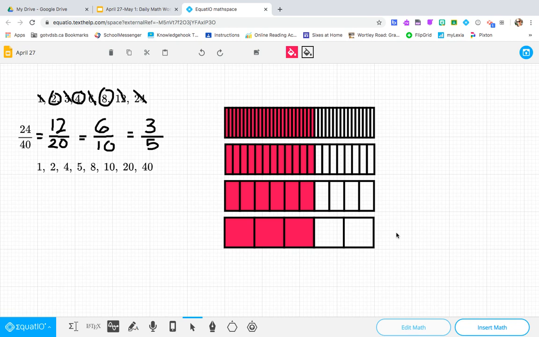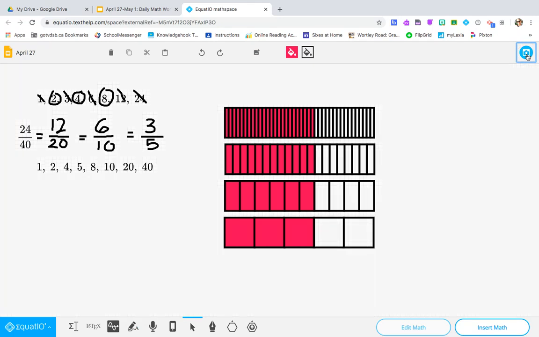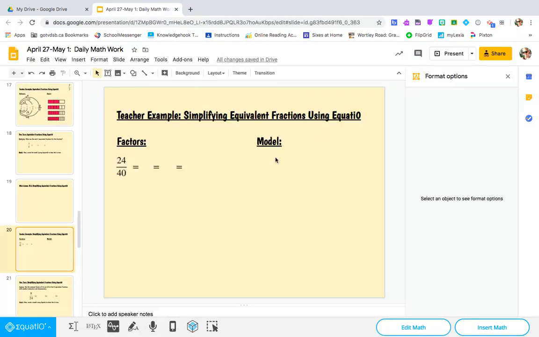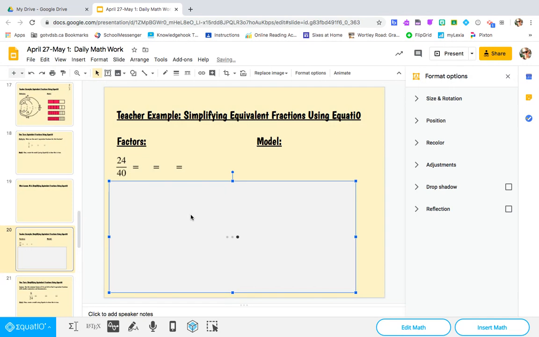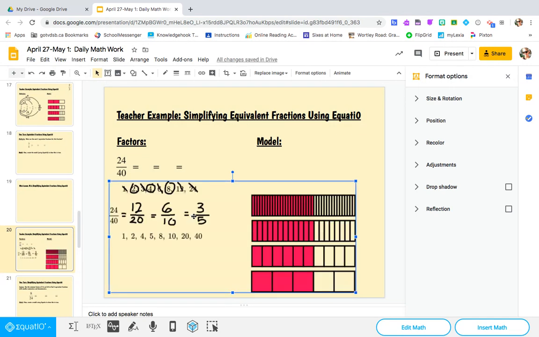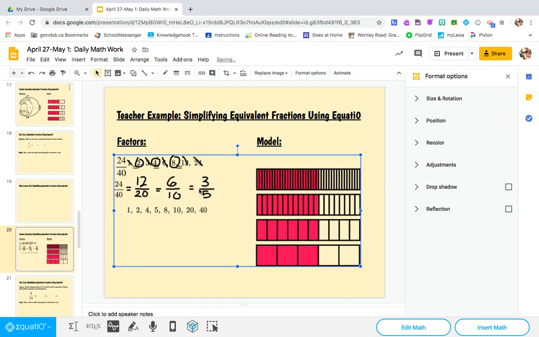So again, we've come up with proof of equivalent fractions, this time dividing to simplify our fractions and find our simplest version of it, 3/5. We are going to insert that back into our workspace. And here it comes. Excellent.